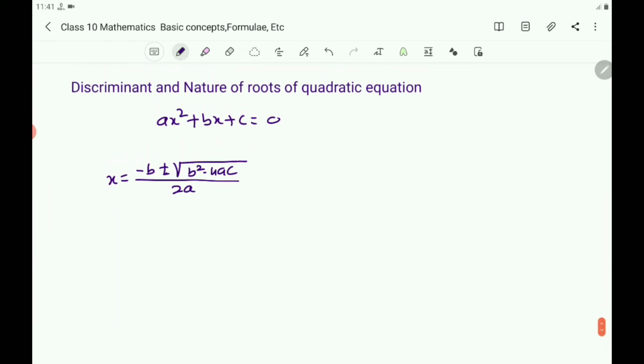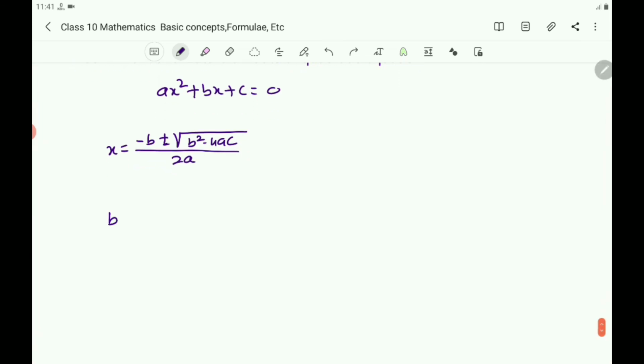And the nature of the roots of the quadratic equation depends only upon the value of b square minus 4ac.